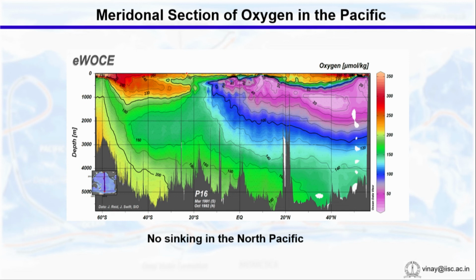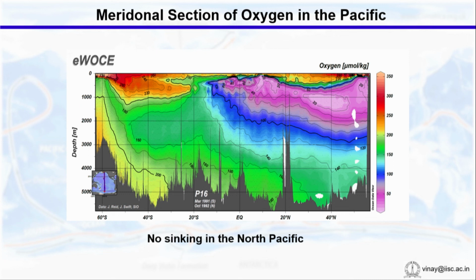The high oxygen waters in the Pacific are seen near the Antarctic region, where there is surface water sinking to intermediate depths. This is a clear evidence that there is no sinking happening in the northern Pacific Ocean. But there is sinking happening in the southern Pacific Ocean off the coast of Antarctica, where one can see waters with relatively higher concentration of oxygen.